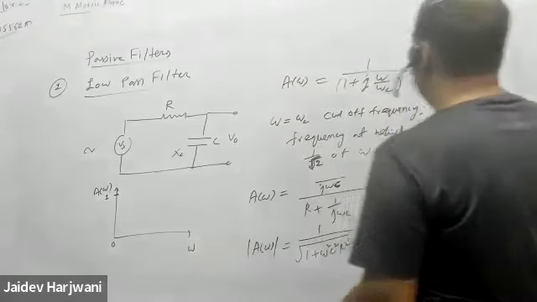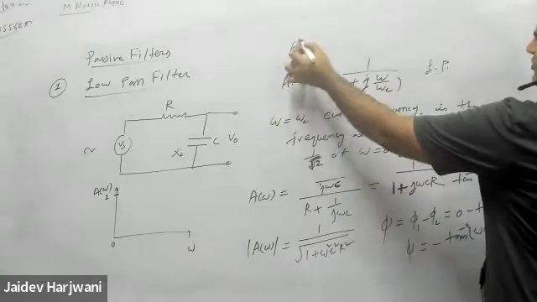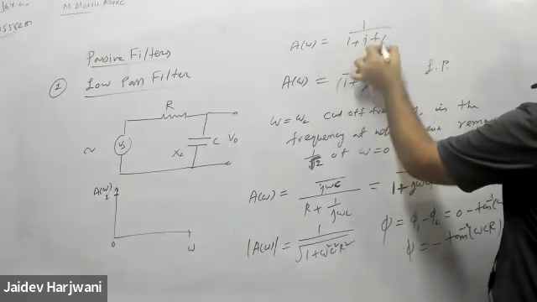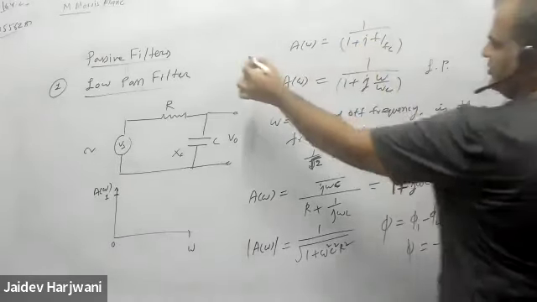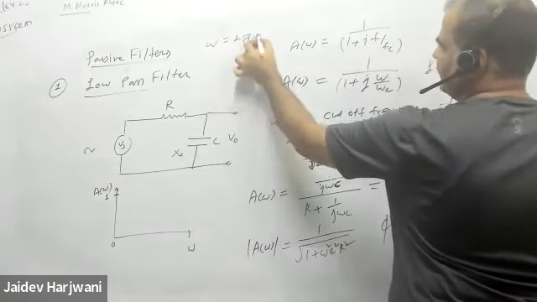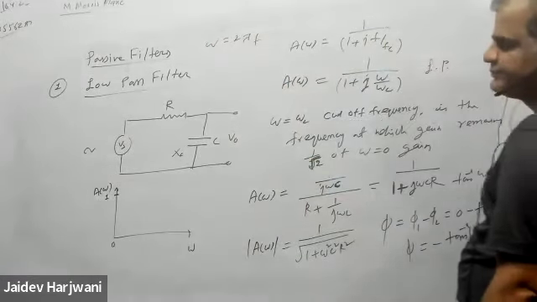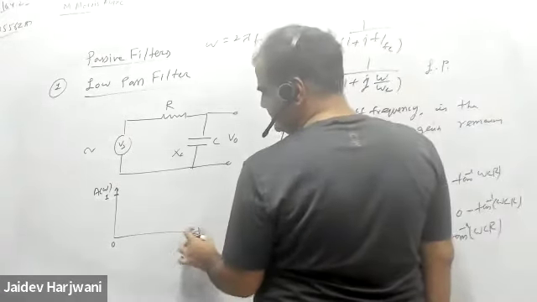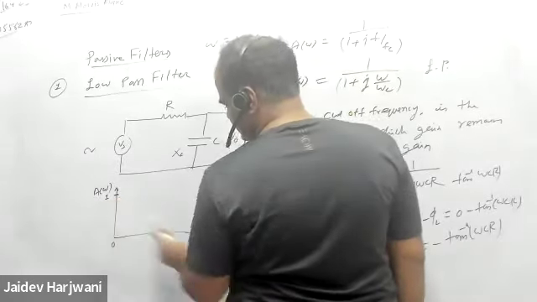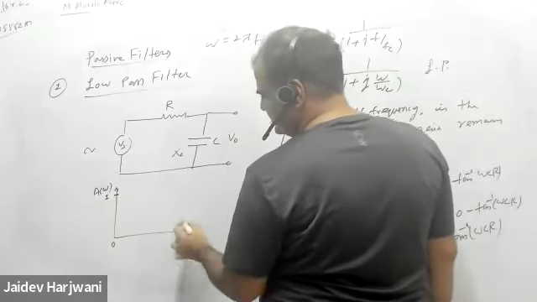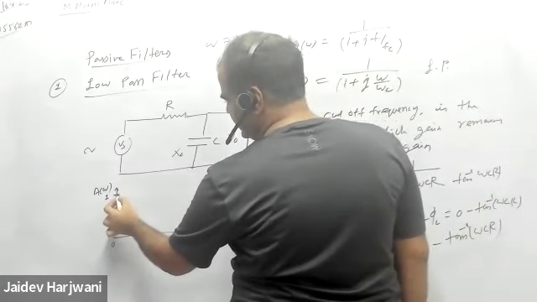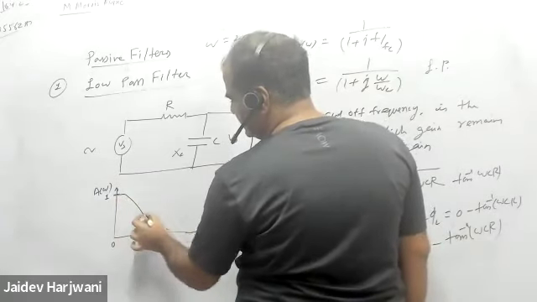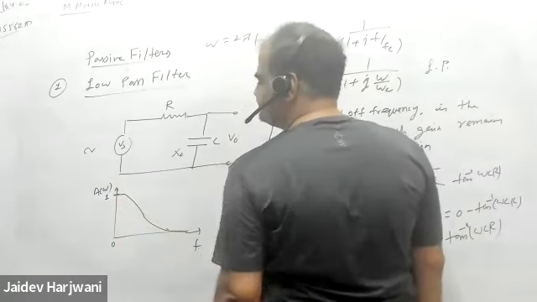In terms of linear frequency, you can write 1 over 1 plus j f by fc, since omega is 2 pi f. Then the gain is 1 here, goes down, and at infinite frequency becomes 0.